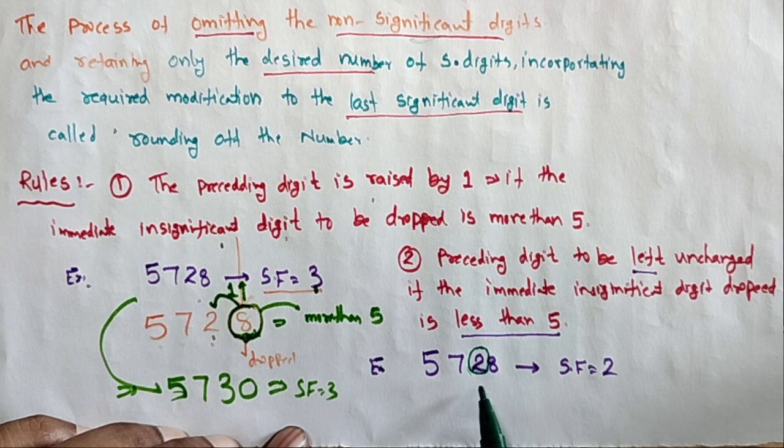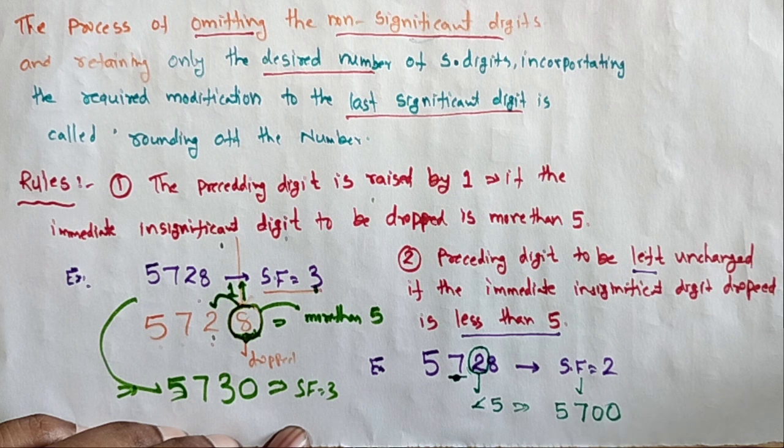The immediate or first non-significant digit to be dropped, I will drop along with the 8 also, and it is less than 5. So in this case the 7 value stays as it is, not increased. So for 5728 to two significant figures, what is the answer? 5700.